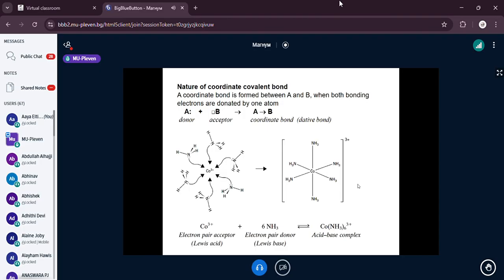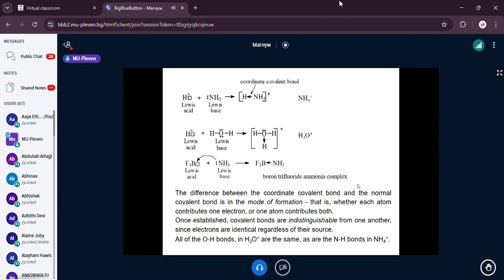In fact, we can say this is an acid-base interaction in the framework of Lewis theory. We already studied this theory, the formation of so-called adducts in the Lewis theory of acids and bases. We can regard species such as the ammonium cation, the hydronium cation, or boron trichloride-ammonia as coordination compounds.